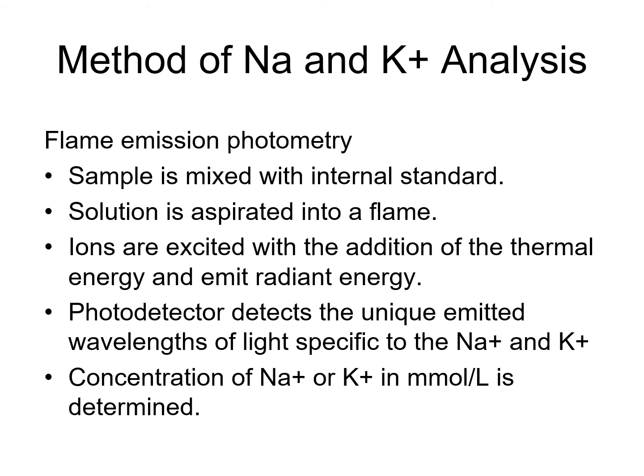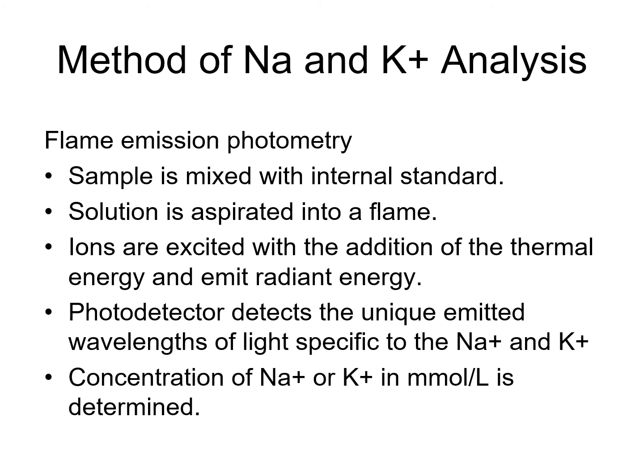Next is flame emission photometry. In this case, a sample is mixed with an internal standard, which is usually lithium. The solution is aspirated into a flame, and the ions will be excited because of the heat, and they will emit radiant energy.